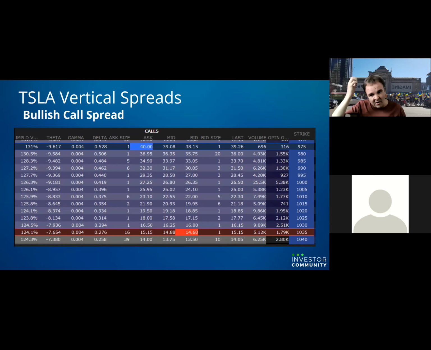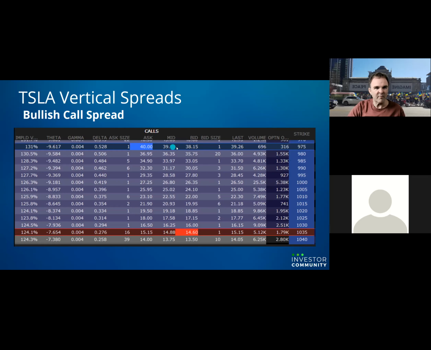And this is what this would look like in your option chain. This one is from Interactive Brokers. You can see over here on the right are the strike prices, and you can see this blue here. That is my long strike. So I'm going to buy the 975 call, and Interactive Brokers thinks it's going to cost me 40 bucks.